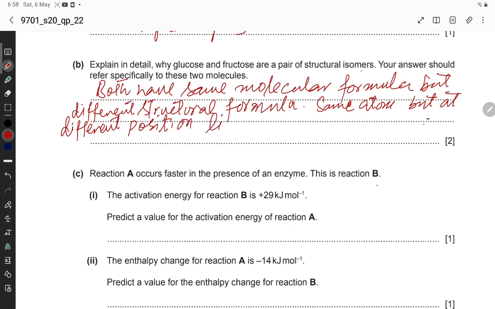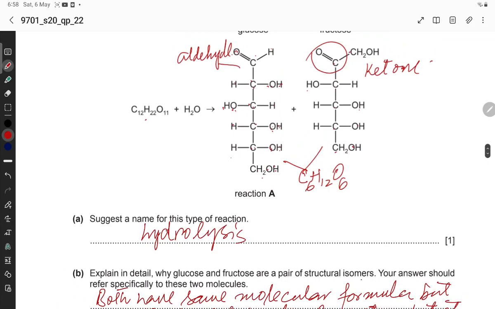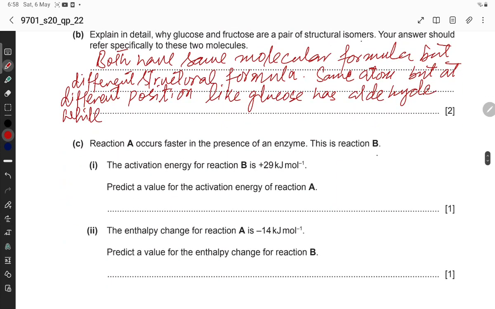Like glucose has an aldehyde group, while fructose has a ketone group.